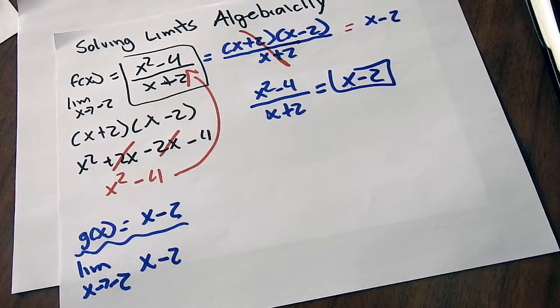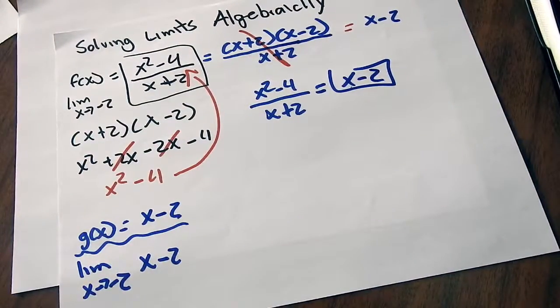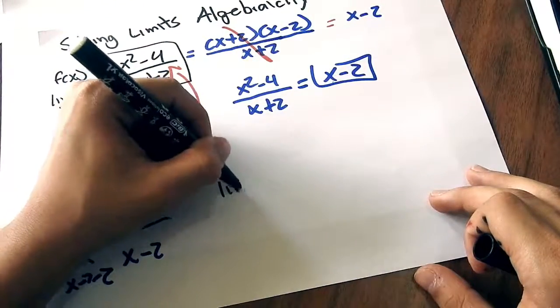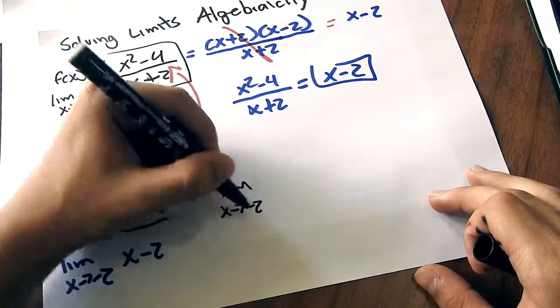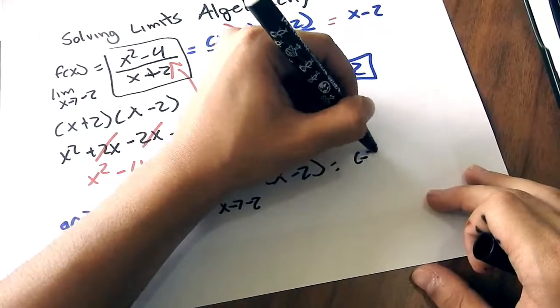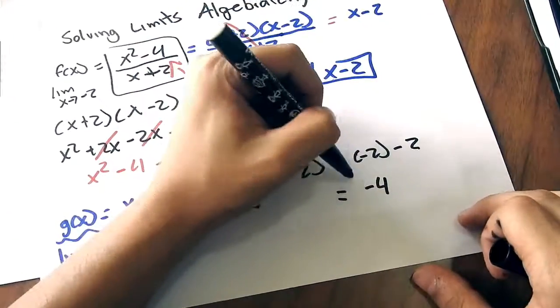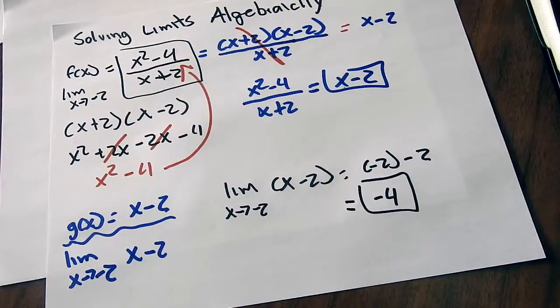We're going to do this by simply replacing negative 2 in the function. So we say that the limit as x approaches negative 2 of x minus 2 is the same thing as negative 2 minus 2, which is equal to negative 4. So negative 4, we got that solving it graphically and numerically.